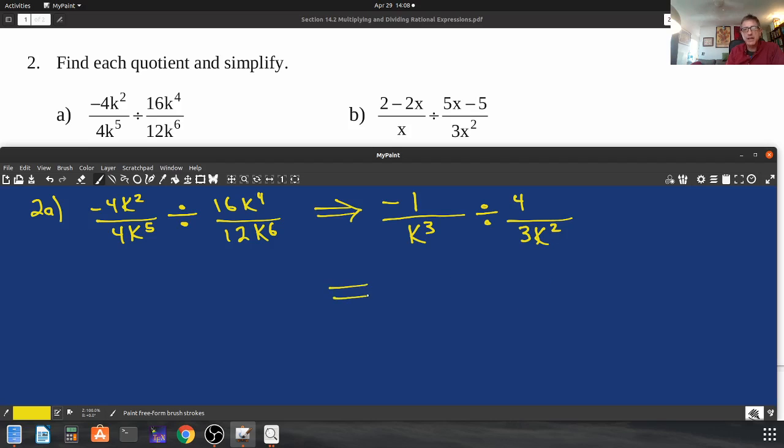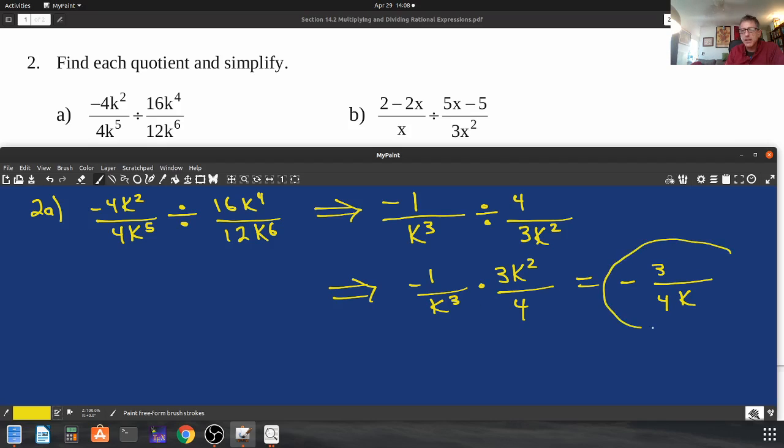Now I'm ready to actually turn my division sign into a multiplication sign. So now I'm multiplying, and the end result is going to be minus 3/4, k squared divided by k cubed leaves 1k on the bottom, and that's it.